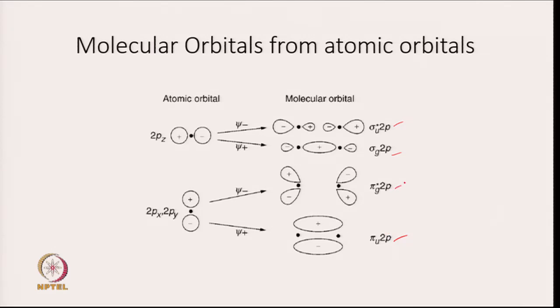star 2p. Now, we can see that sigma will result from side to side overlap, whereas this pi will result from this kind of overlap.